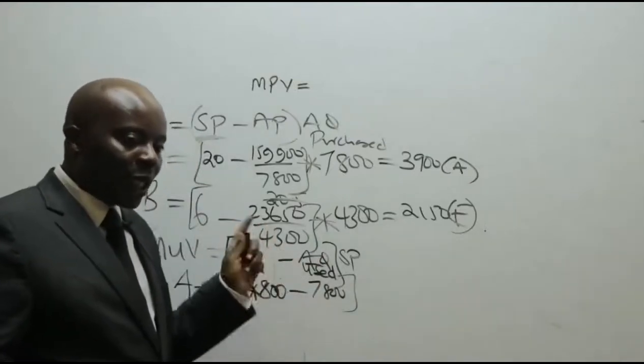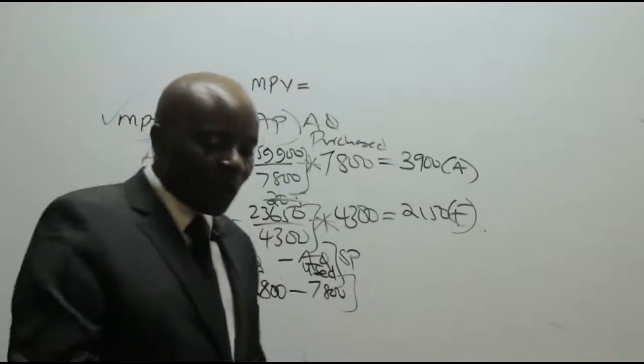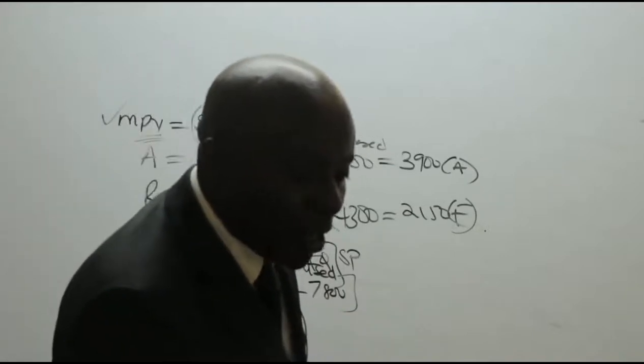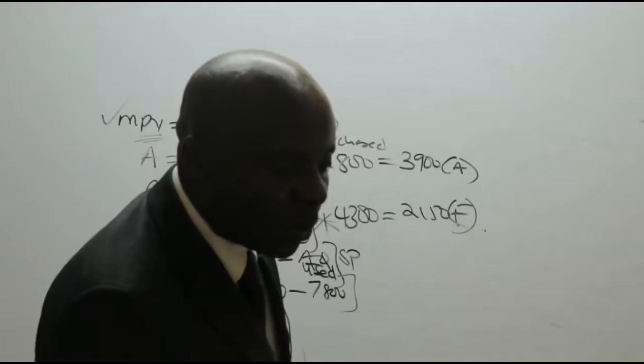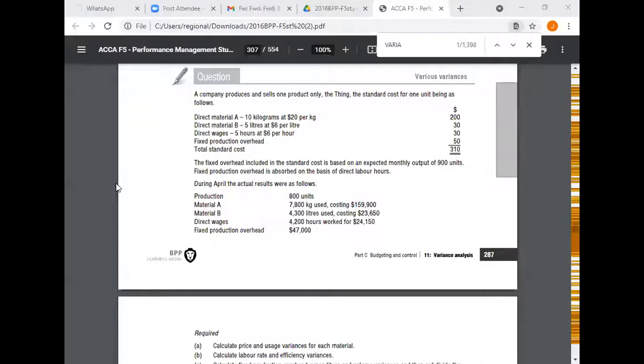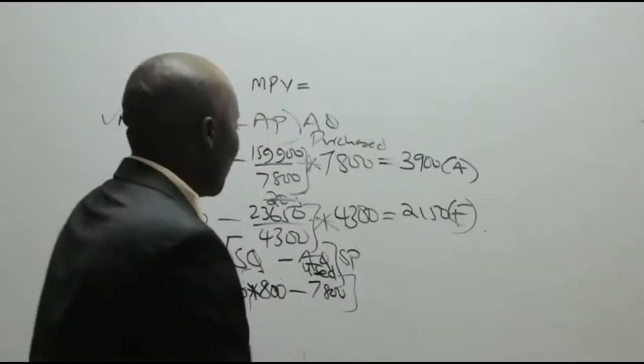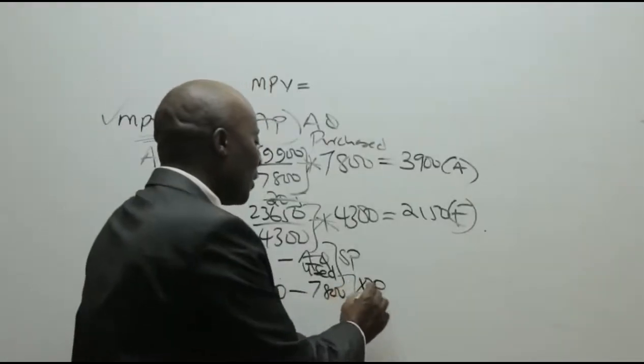So what I need to do is come very fast and look up here for the standard price of material A. It is 10 kilograms at 20 per kilogram. Remember, SP is standard price per kilogram. So times 20.